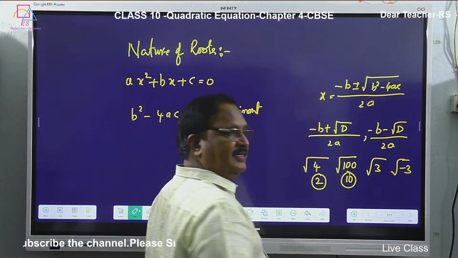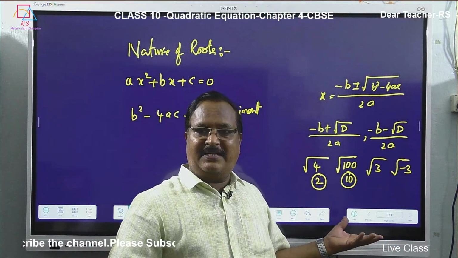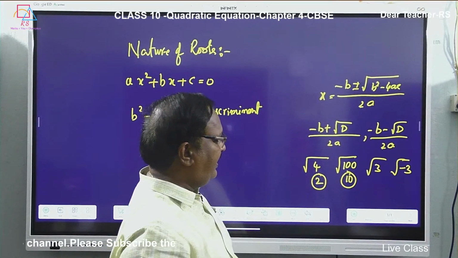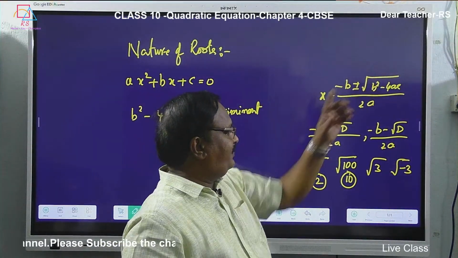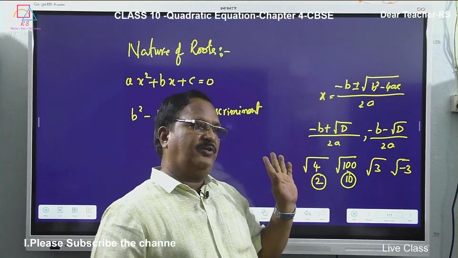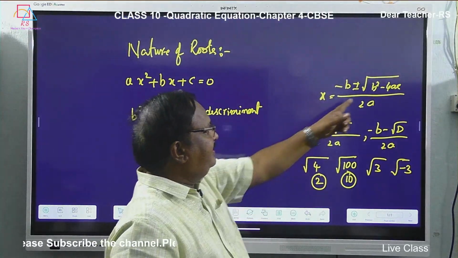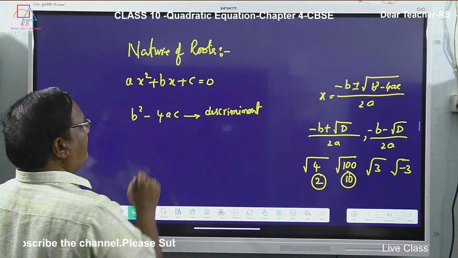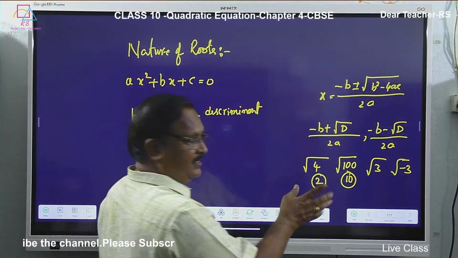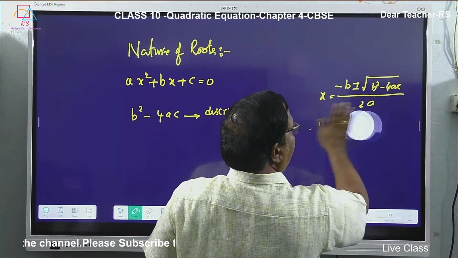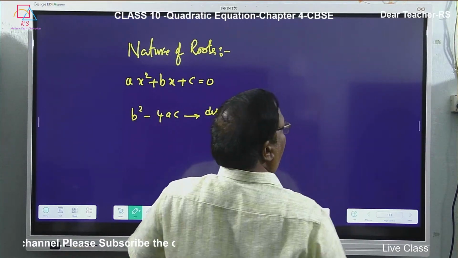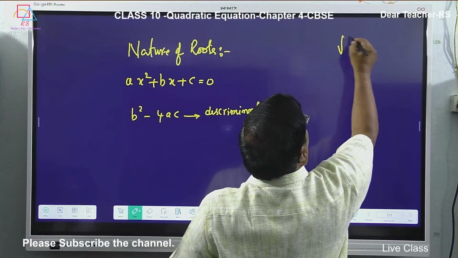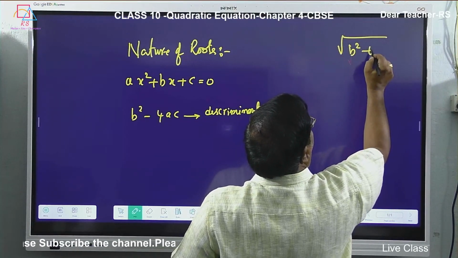If there is a minus under the root, the roots are imaginary, complex, which you are going to learn in intermediate. So this root will decide the nature of the roots. That is why b square minus 4ac is under the root, and that is why we call b square minus 4ac a discriminant. I will write here the square root of b square minus 4ac.